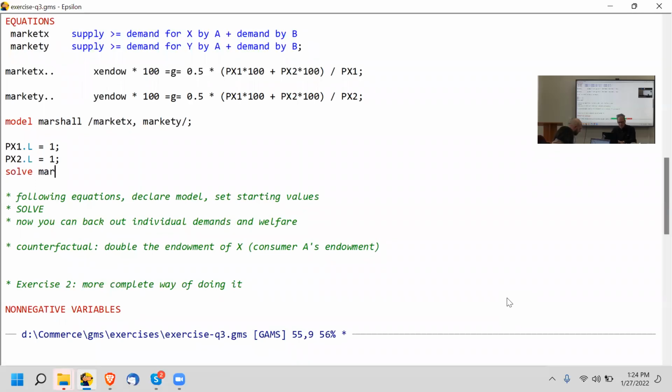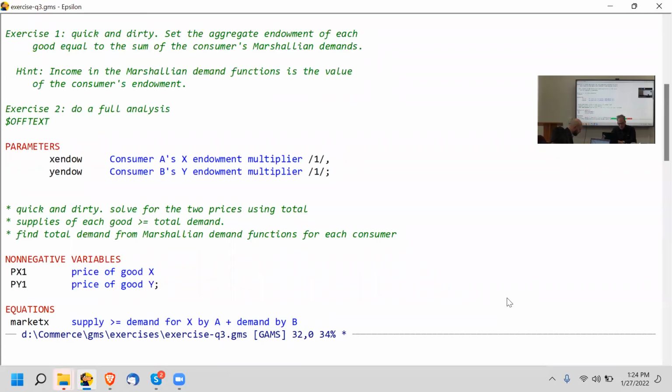Model Marshall with market X and market Y. Solve Marshall using MCP. And we have to get the variables: this one goes with px1, and this should be market Y. And then what's the X1 and X2?